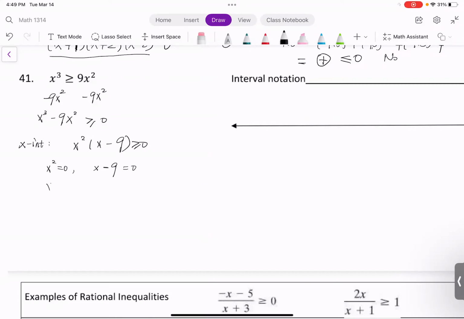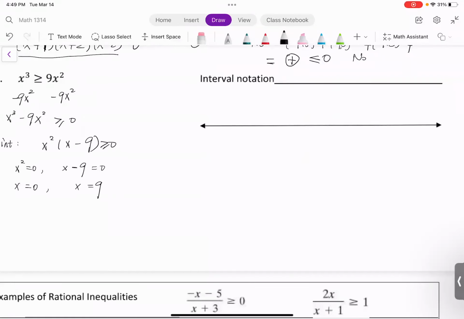Square root both sides, x equals 0. Add 9 to both sides, x equals 9. We'll have two key numbers, plot them on the graph, 0 and 9. And are they both solid points? Yes, because we have an equal sign. So we must have these two key points.